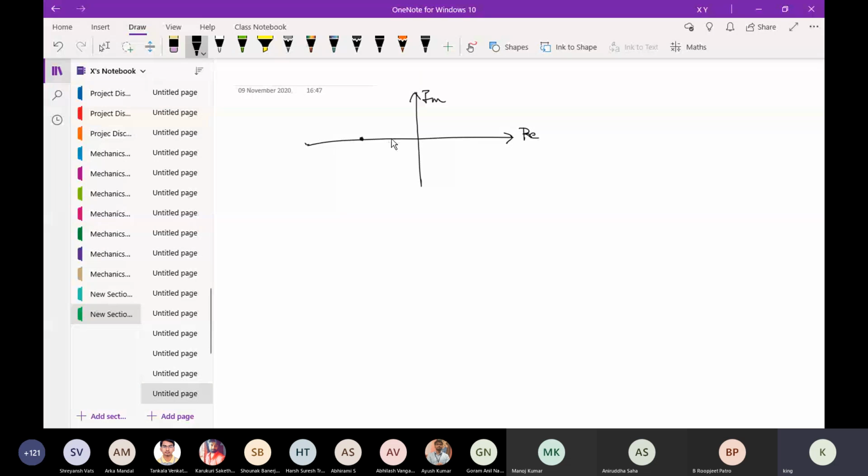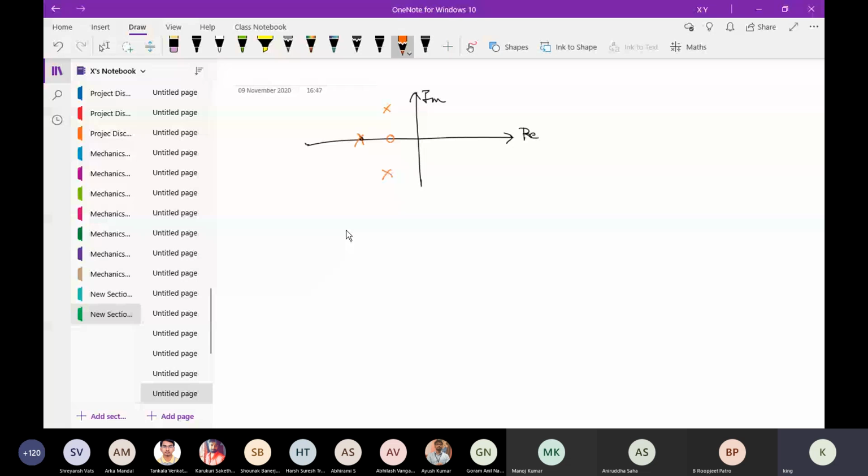So we are going to have a pole here, sorry, a 0 here, and a pole here, here and here.